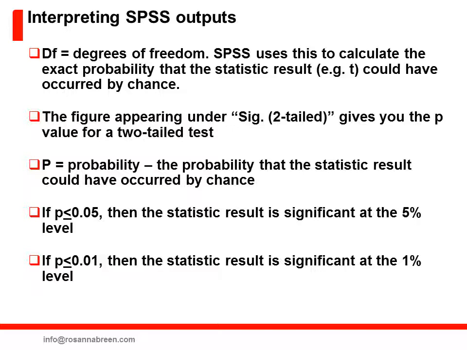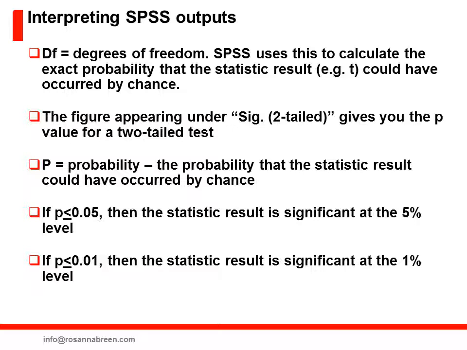P refers to probability, that is, the probability that the statistic result could have occurred by chance. So if p is less than 0.05, then your results are significant at the 5% level. That means that there's less than 5% chance that this result was purely by chance. There's a 95% chance that this was influenced by your experiment.